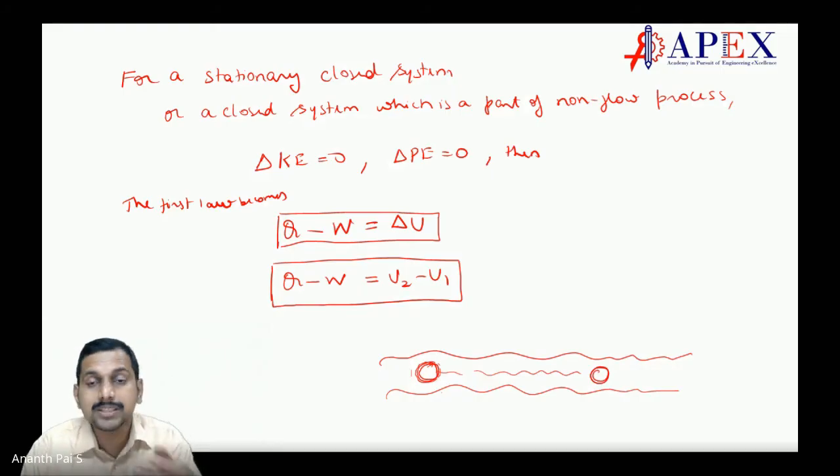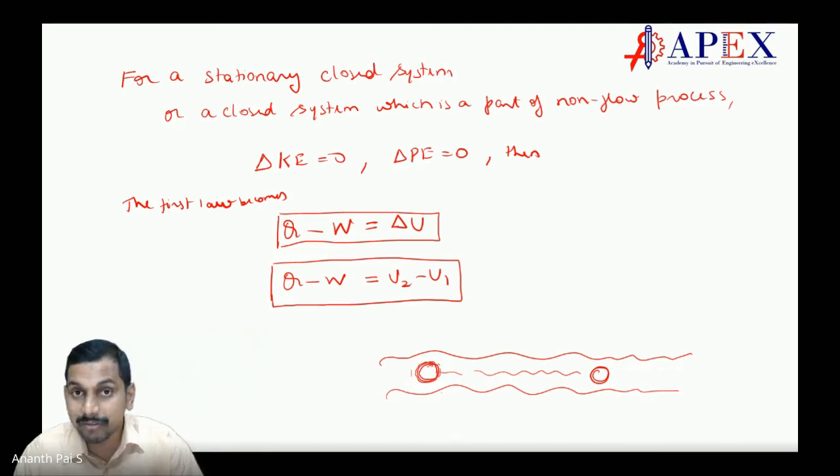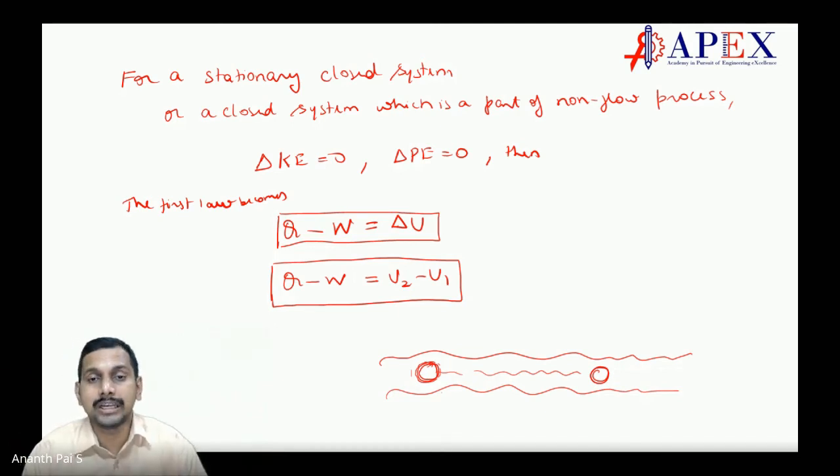That hot oil droplet is the control mass. Exactly, you're right. It is a closed system. We are following the oil. And in fluid mechanics, that is called the Lagrangian approach.